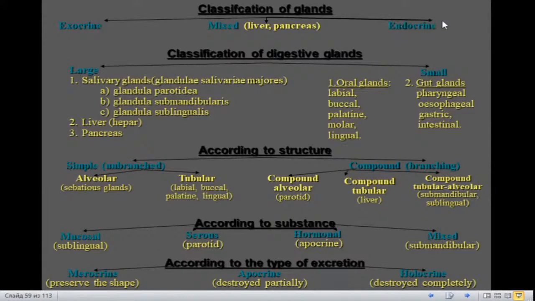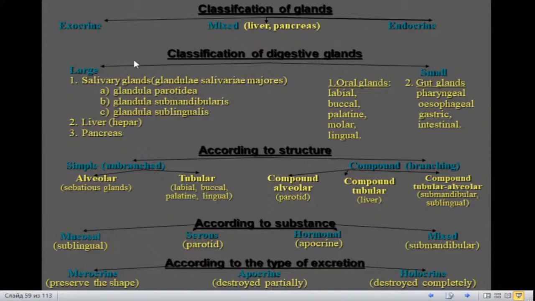So the substances these glands produce appear directly in blood. Exocrine means they have some collective duct which opens into the lumen of some tubal organ. And mixed means the glands that have both parts. And in the digestive tract, these are the liver and pancreas.